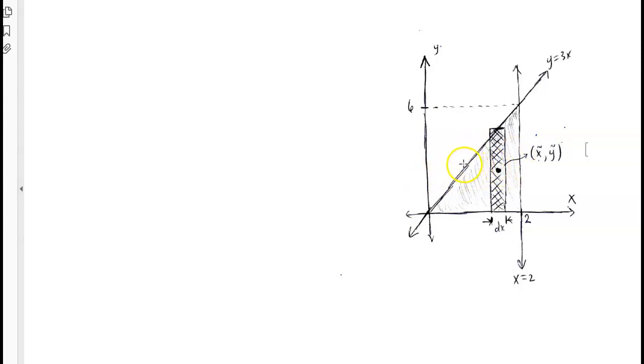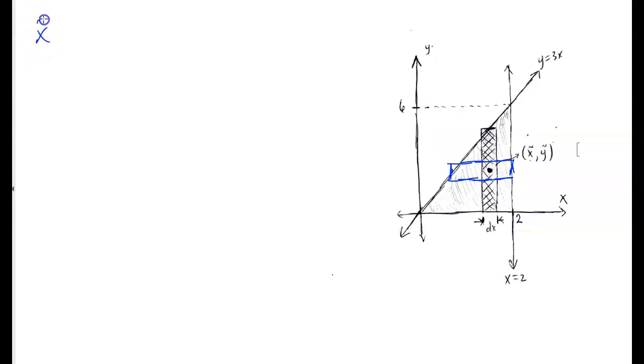But now what I'm going to do is I'm going to make a horizontal strip instead of a vertical one. Okay. And so if we're looking at this, we know that our x tilde here and our y tilde, if you remember, for vertical strips, it was x tilde that was just the normal x value. So that means now that we have a horizontal strip, our y tilde should just be a random y value.